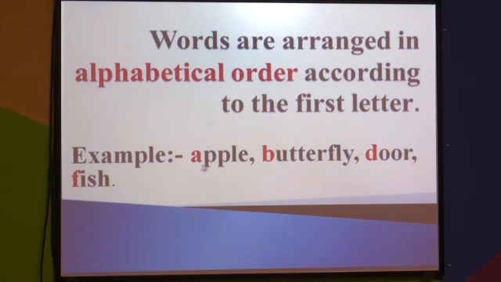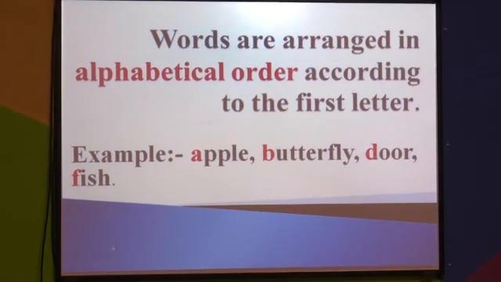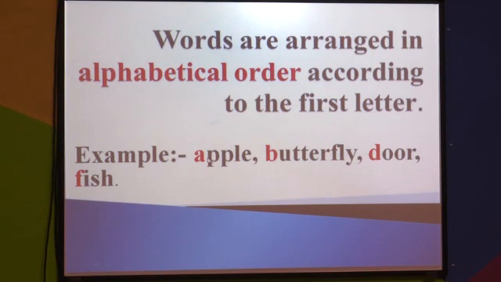Here we can see apple, A will come first, then B second, then D third, and last one is F. So related to that letter we can see the word apple comes first, then butterfly, then door, and last one fish.